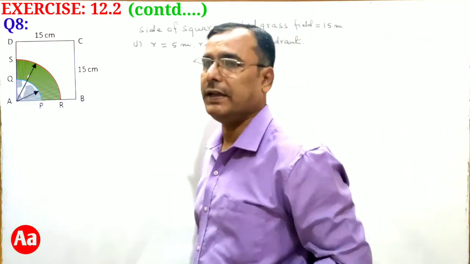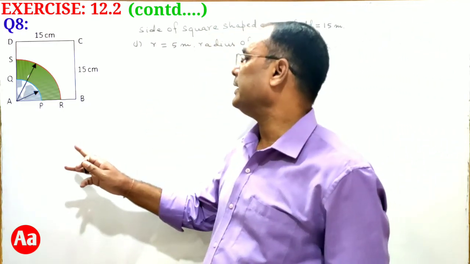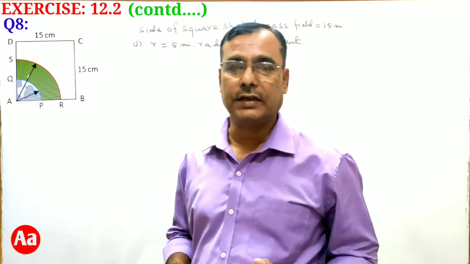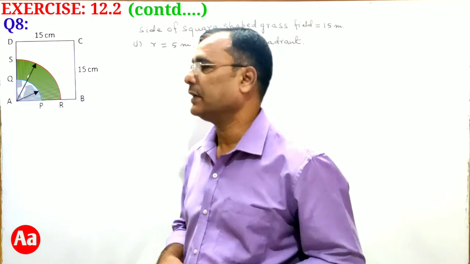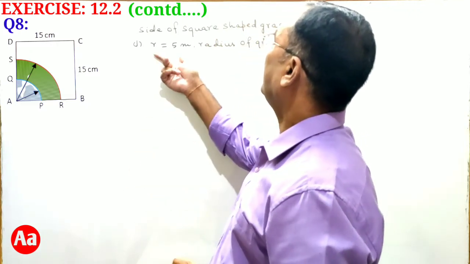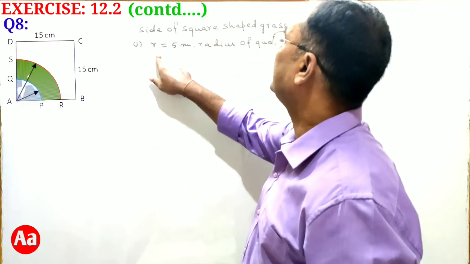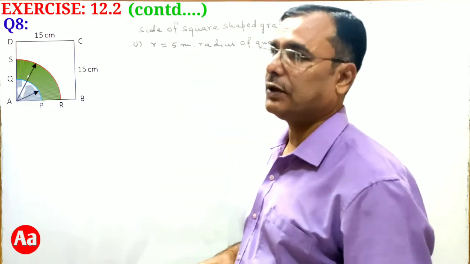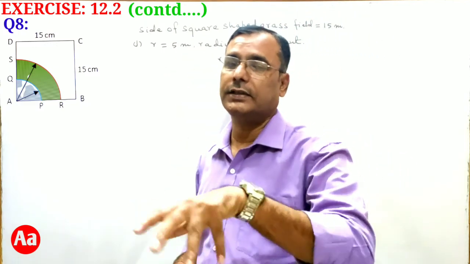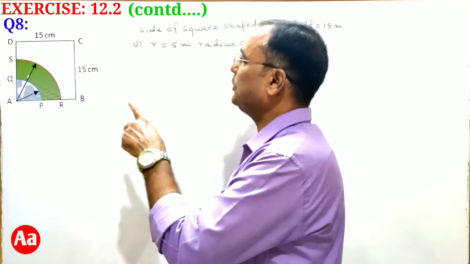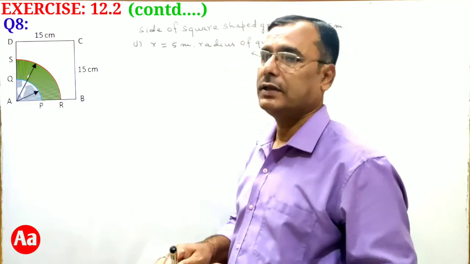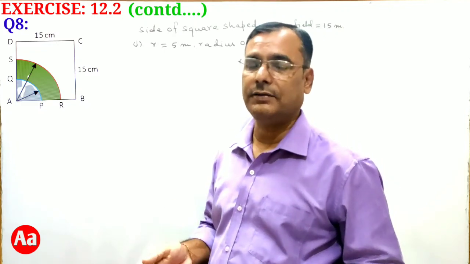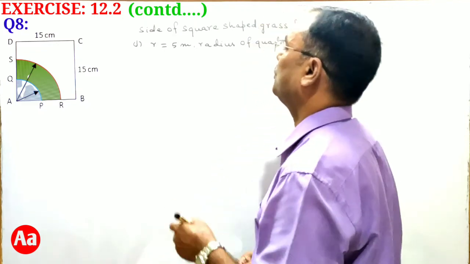Because horse will graze in the area APQ, which is actually a quadrant of a circle of radius 5 meter. So we have written r in first part, radius r, radius of the quadrant 5 meter. Now we are going to find area of that quadrant APQ in which the horse can graze when the horse is tied with a 5 meter long rope.